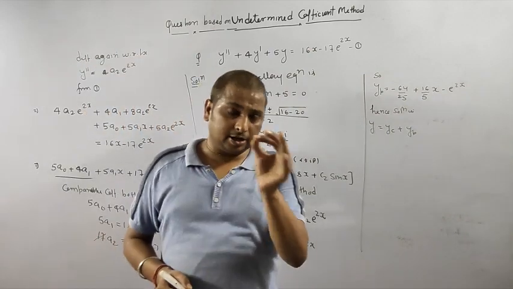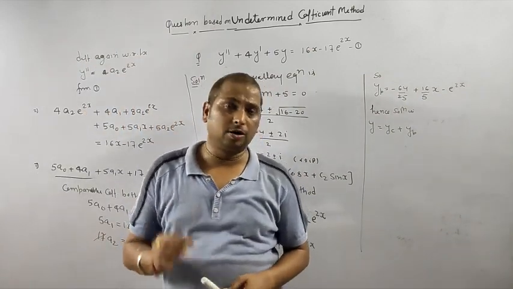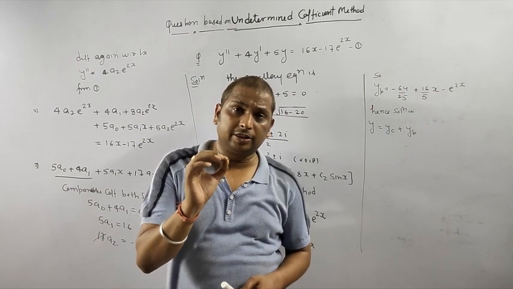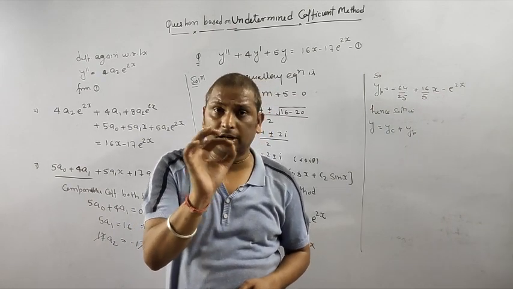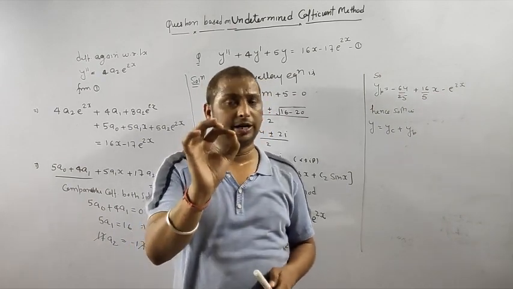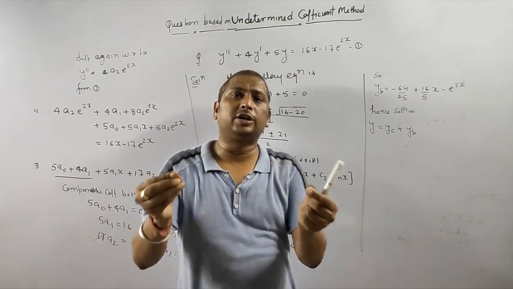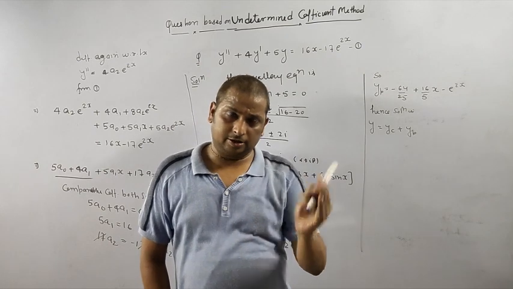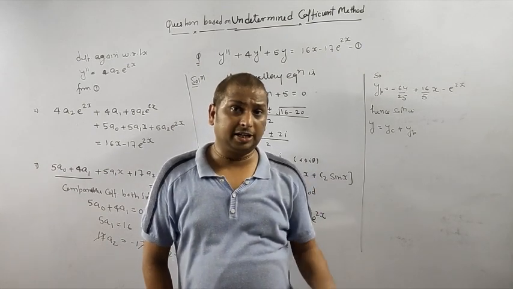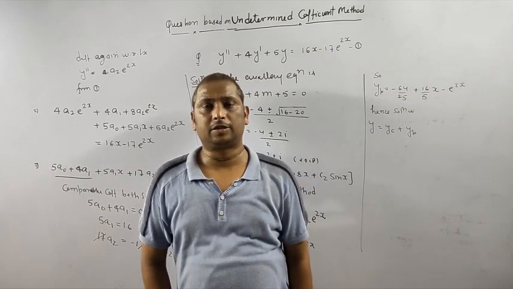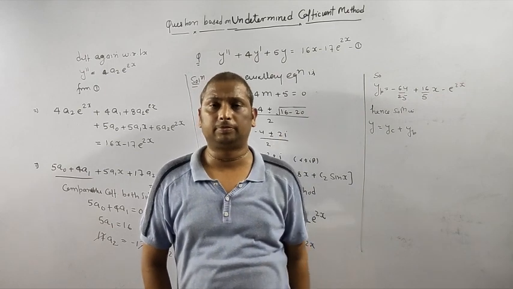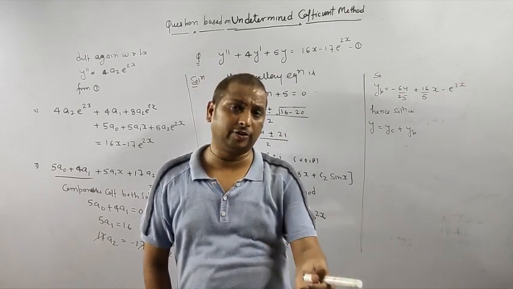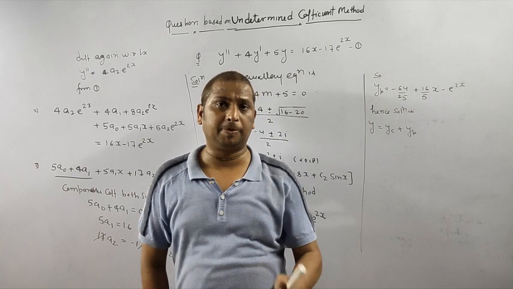So my friends, again I am going to explain the rule. The rule is very simple. First write the auxiliary equation and then write the CF part. Once you have written the CF part, see the table, see the Rx value, which type. Based on the given Rx value, write the yp part.